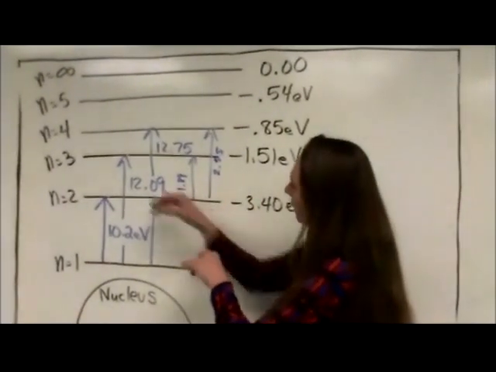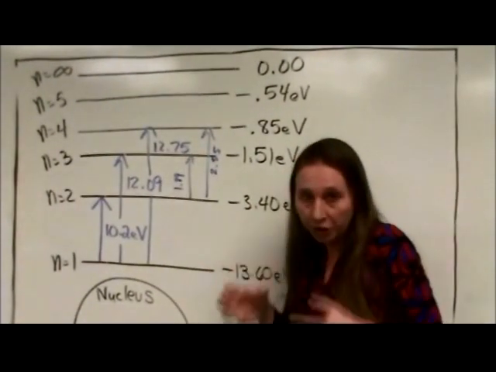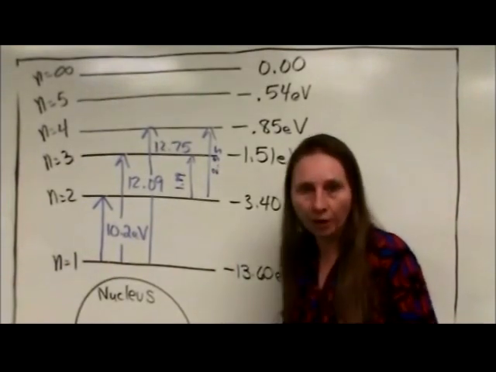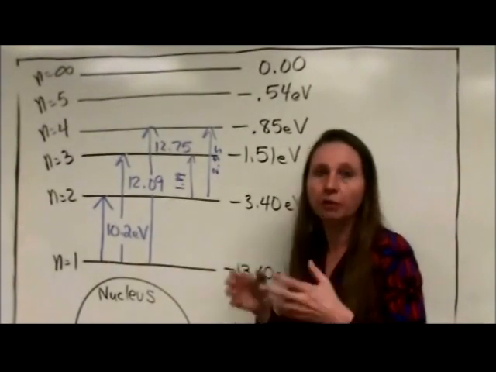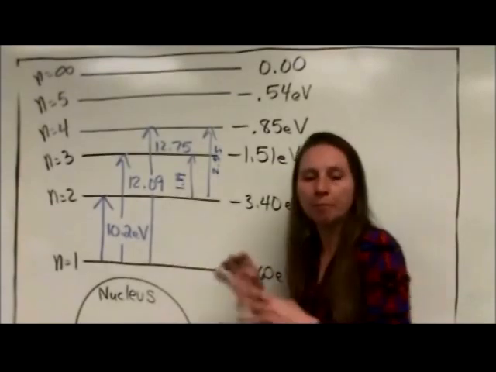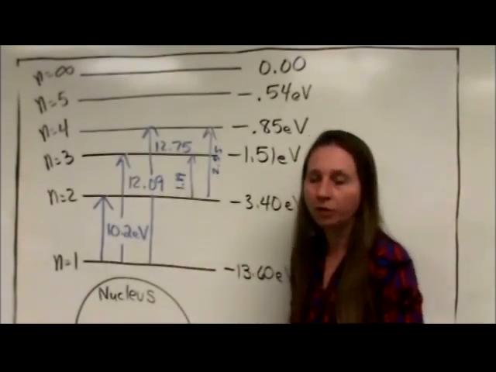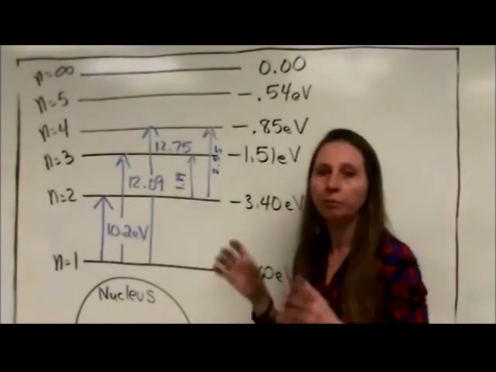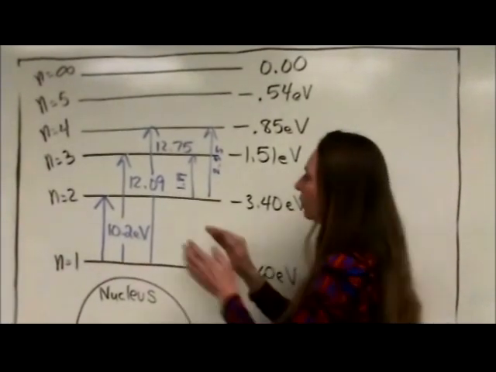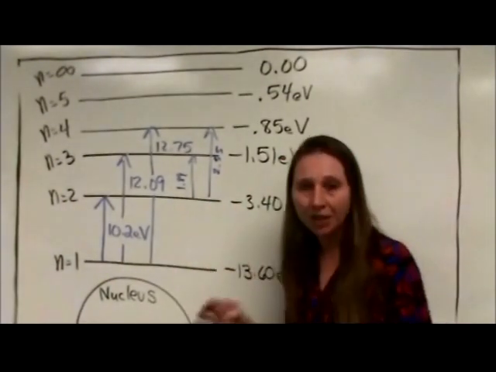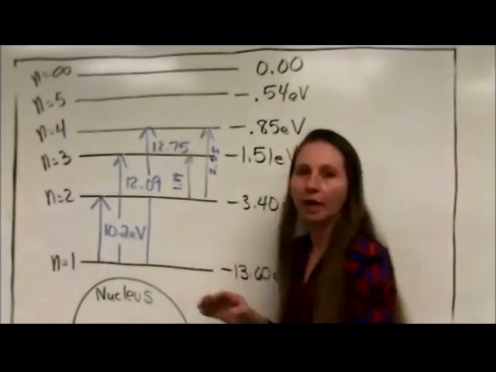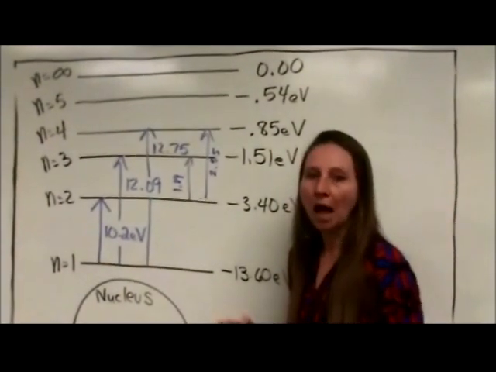Now, these all represent specific amounts of energy for a specific photon. Any other amount of energy possessed by a photon, and the electron will not be able to jump. In other words, these jumps are possible, and any other increment is not possible.